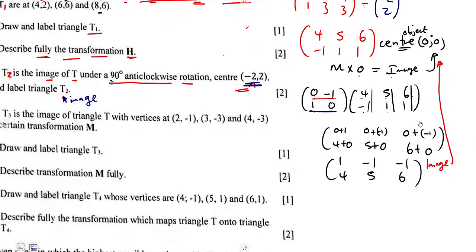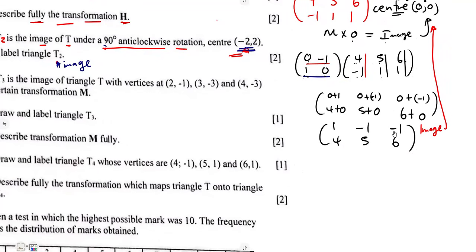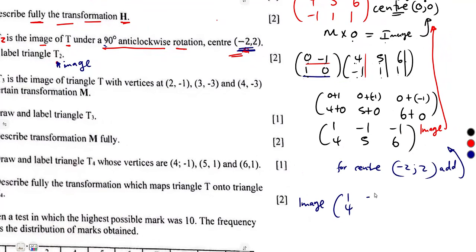The center 0, 0. To have the image at our center minus 2, 2, we are supposed to add that center back that we removed before. So for center minus 2, 2, you add that center to the coordinates of the image. So our image is 1, 4, minus 1, 5, minus 1, 6.